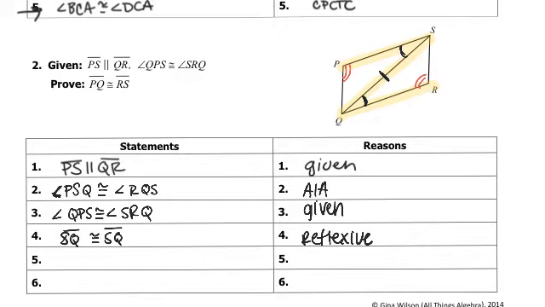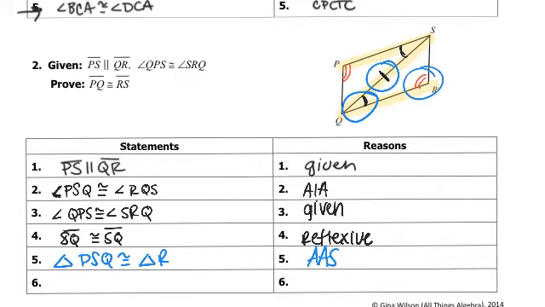And now that we have three things marked, we can look: angle, angle, side. So we know the triangles are congruent. Triangle PSQ is congruent to triangle RQS by angle, angle, side. Now that we proved the triangles are congruent, they want us to say that these two sides are congruent, and these two sides are congruent by CPCTC.